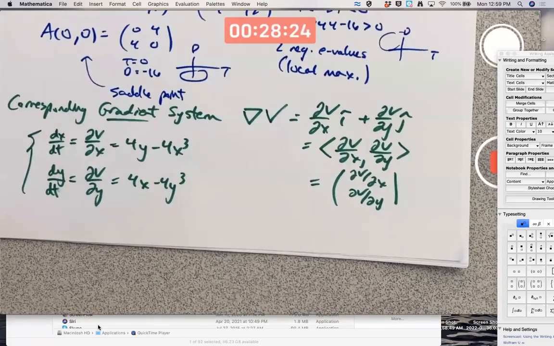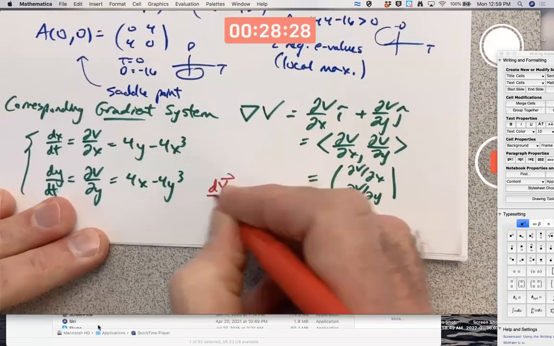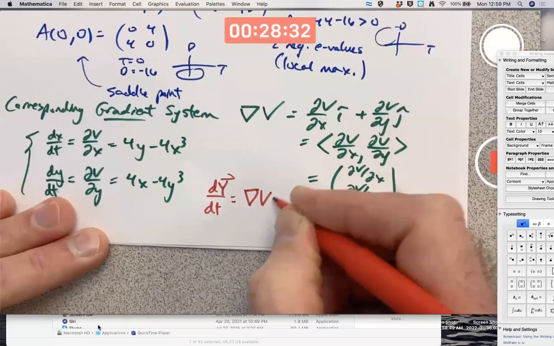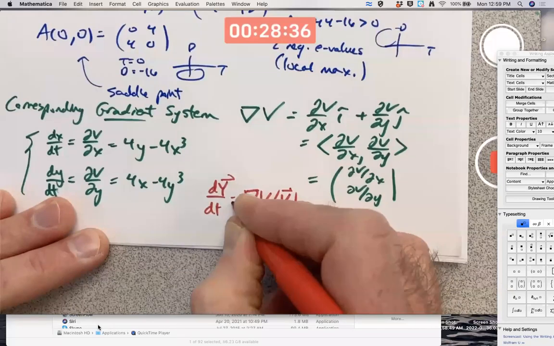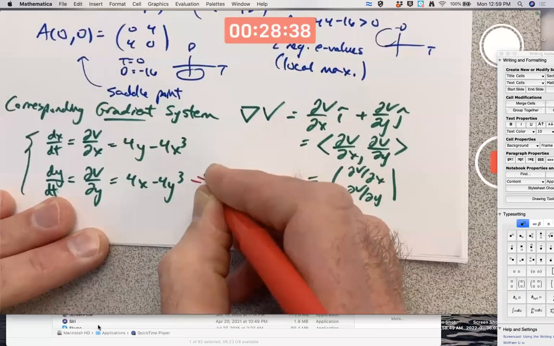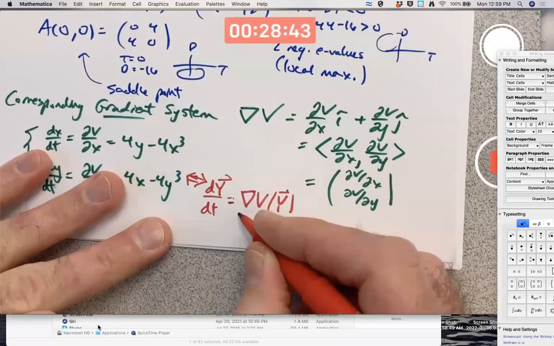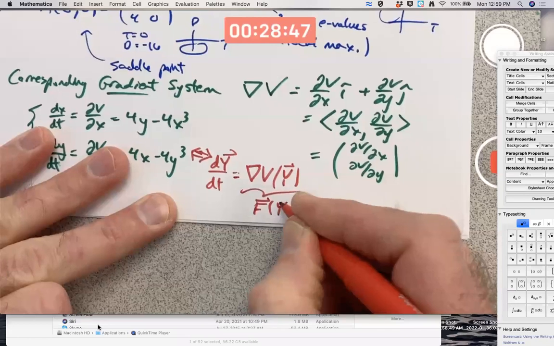In vector form, you could write this as d vector y/dt equals the gradient of V evaluated at vector y, if you like. These are equivalent to each other. This would be your vector field. In our textbook's notation, they call it capital F of y.